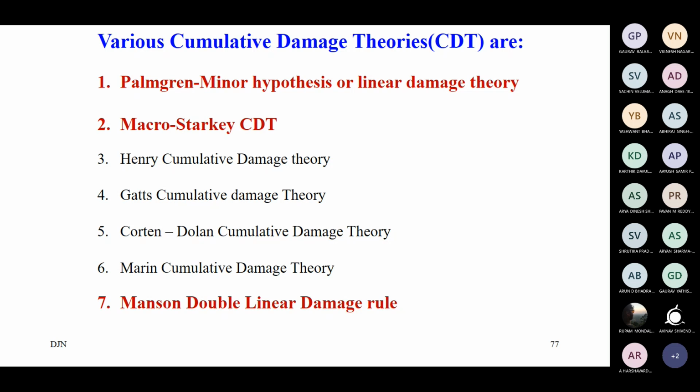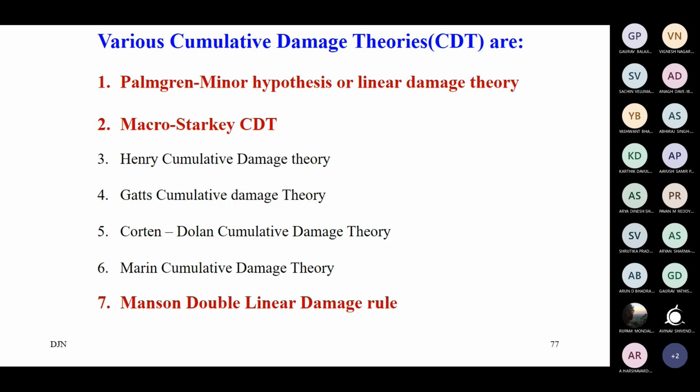So there are various theories, and 7 have been listed here. These are the most prominent ones used in practice. As far as numericals on this topic are concerned, as I said in the last class, point 1, the Palmgren-Miner hypothesis or linear damage rule, as well as point 7, the Manson double linear rule, these two we will discuss in our course.